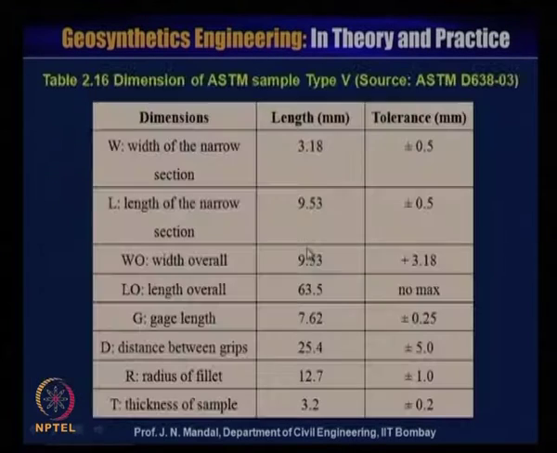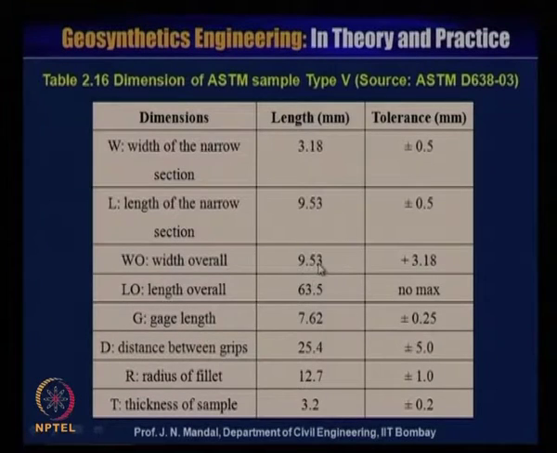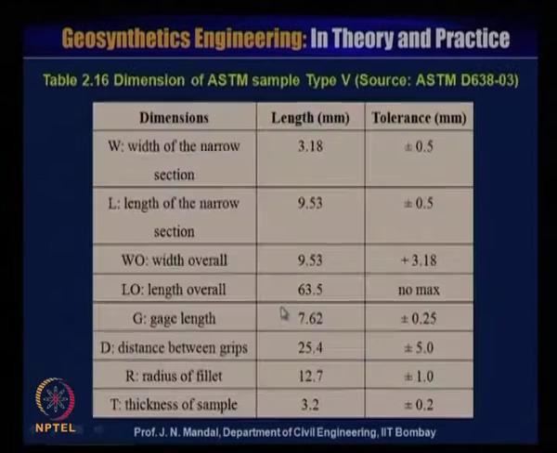Length is 9.53 plus minus 0.5, and the width overall is 9.53, that is WO. This is about 9.53 millimeter, and LO, the length overall, is 63.5, and then G, the gauge length, is 7.62.